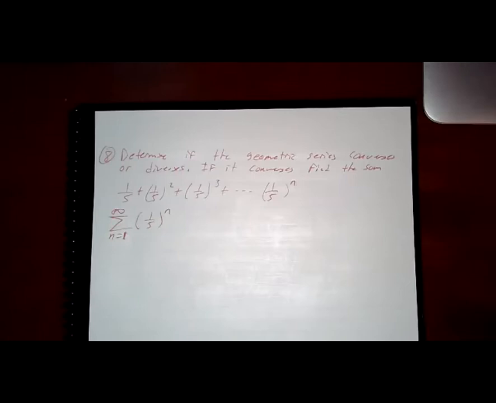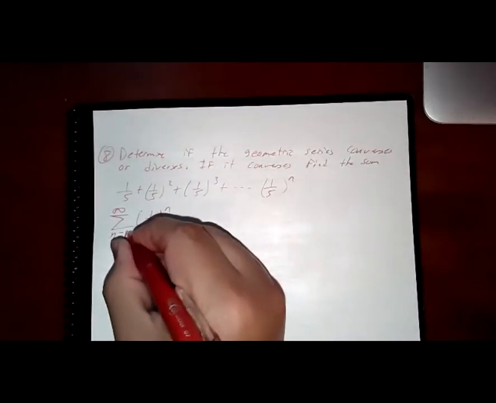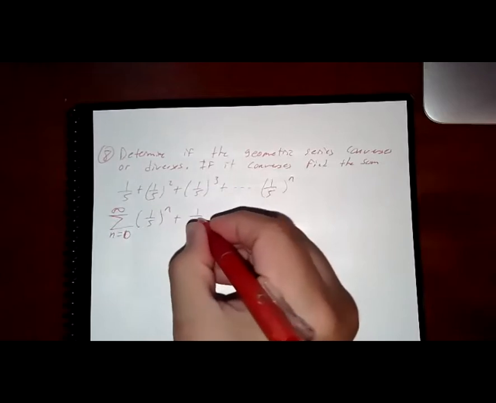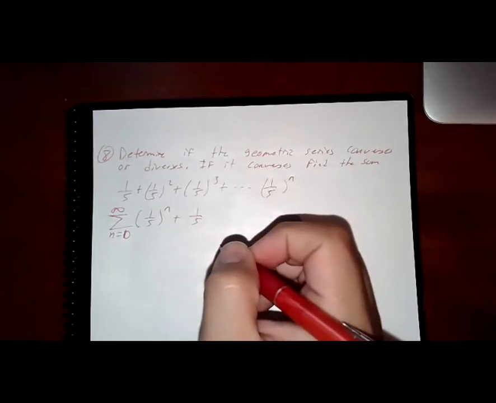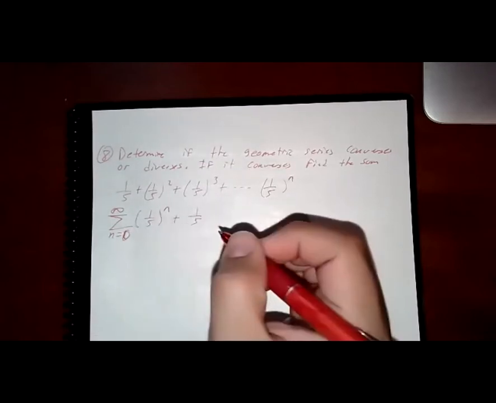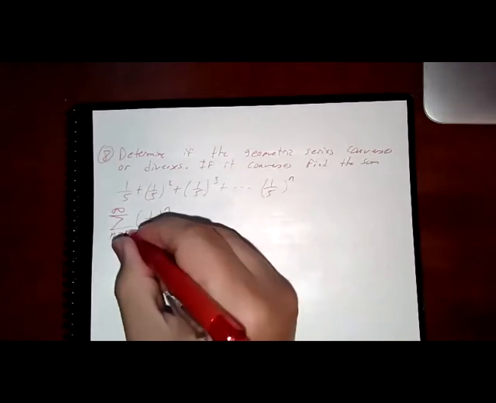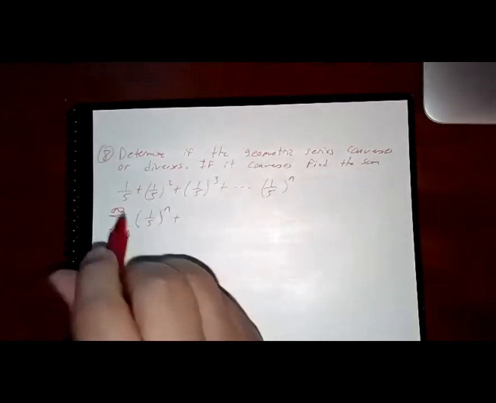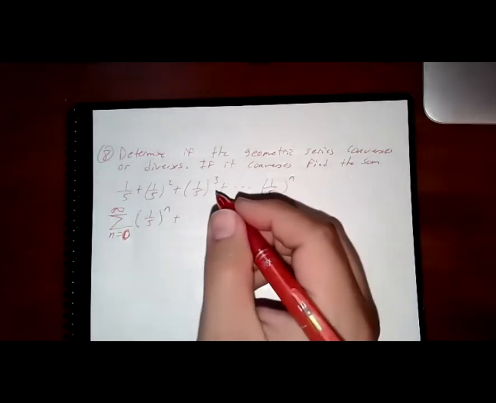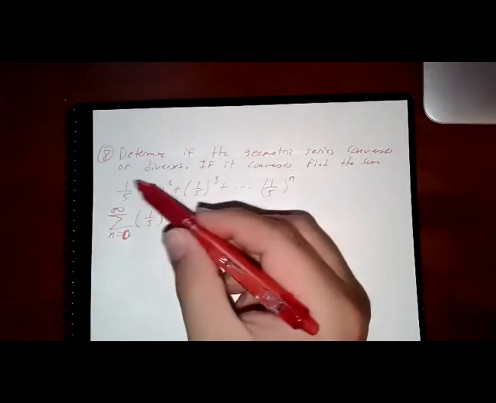Is the r going to be 1/5? Do we have everything we need? So we can rewrite it like that. Would the 1/5 be raised to a 0? I want to get a 1/5 for the first one, because this would give me an extra term.